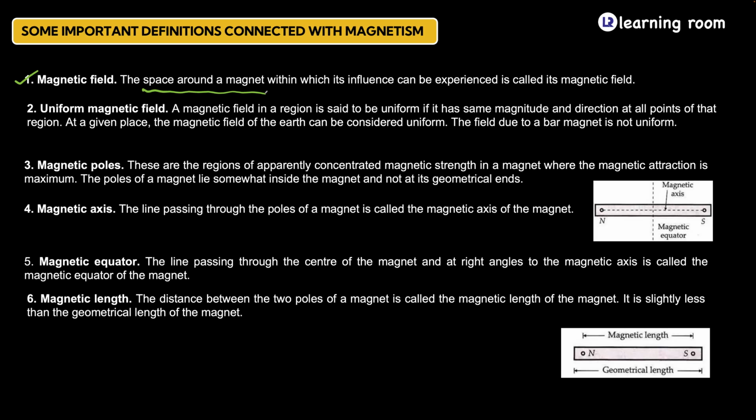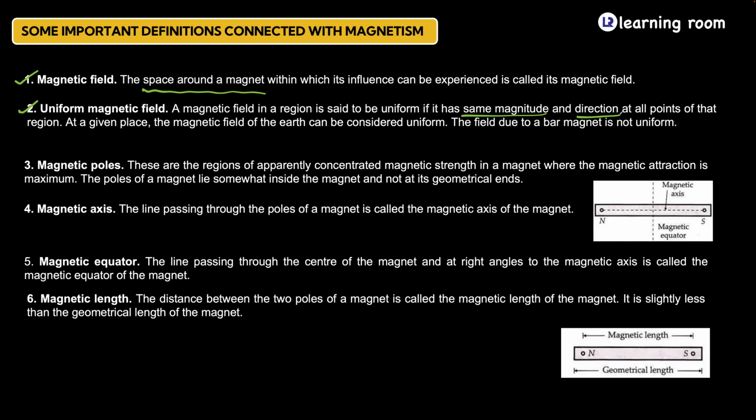Second, the next thing that we need to know is, when you talk about magnetic field, you have non-uniform and uniform, but we will concentrate on understanding the uniform magnetic field. What is the uniform magnetic field? The name itself suggests uniform means it has the same magnitude and direction. A magnetic field in a region is said to be uniform if it has the same magnitude and direction at all points in that region.